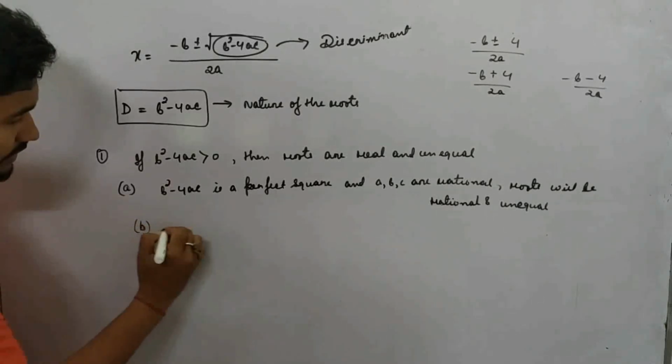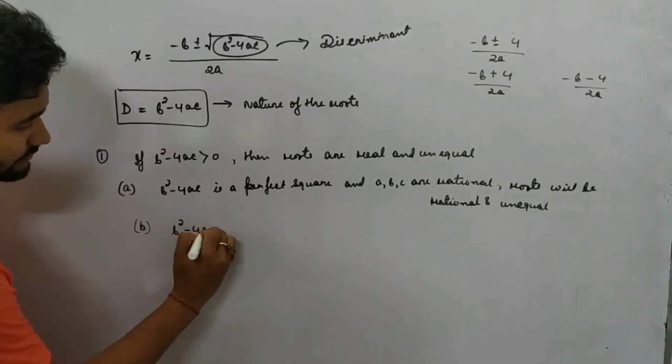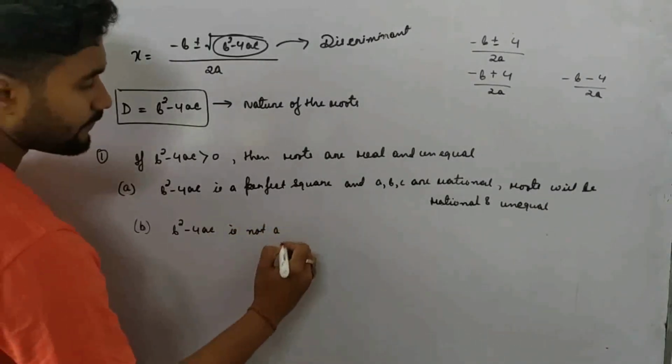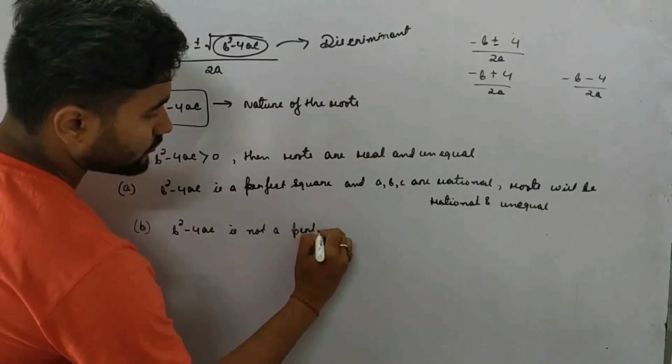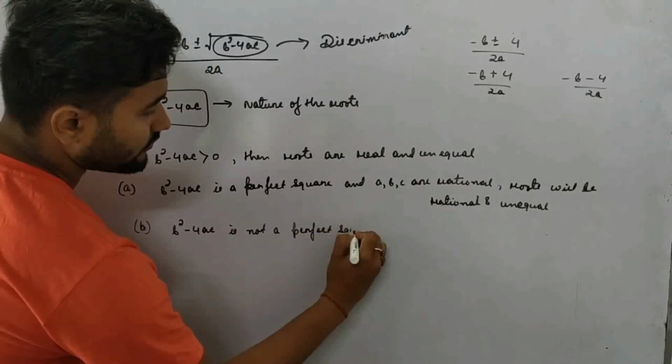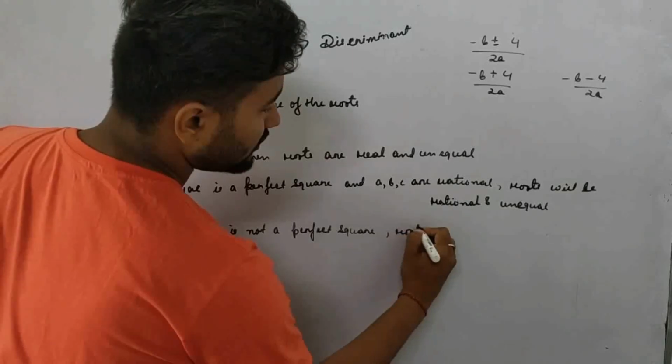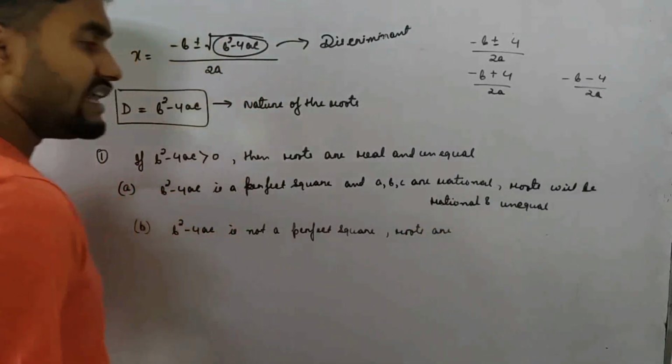So another sub condition is what? Simple. If it is not a perfect square, then simple, roots are irrational.